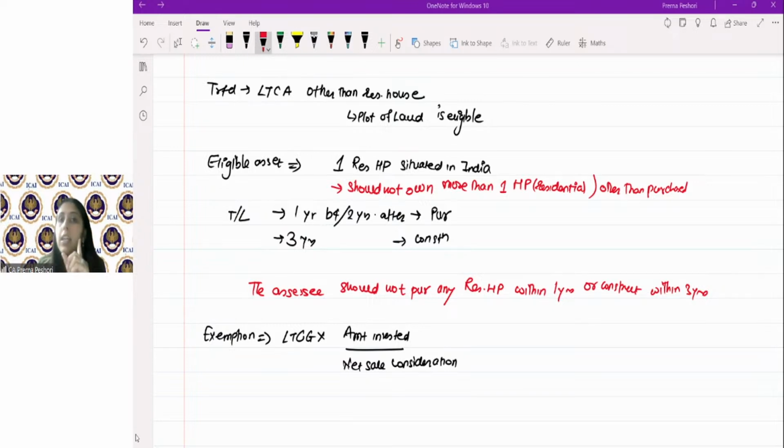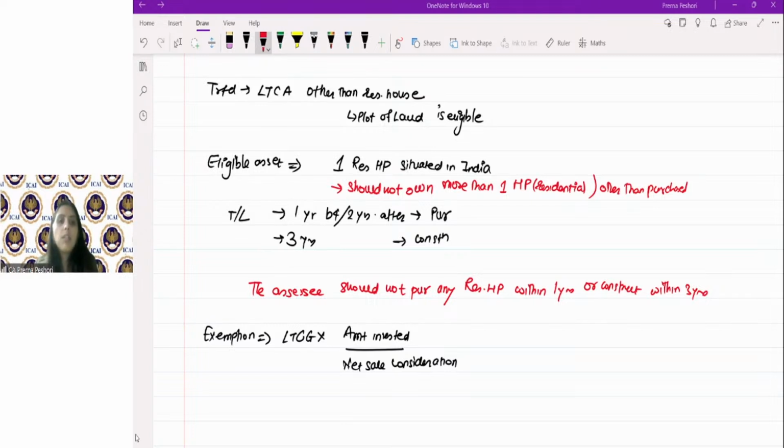The amount of capital gain which was exempted earlier will now be deemed to be the income from long-term capital gain in the previous year in which you violate the condition. Again, here the lock-in period is 3 years. If you transfer within the period of 3 years, then the capital gain which was not charged earlier will be deemed to be the income under the head capital gain as the long-term capital gain. Clear?